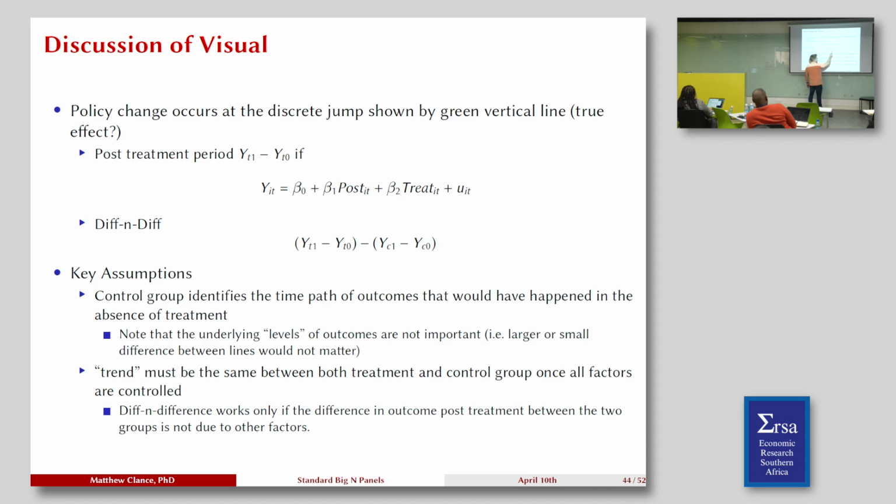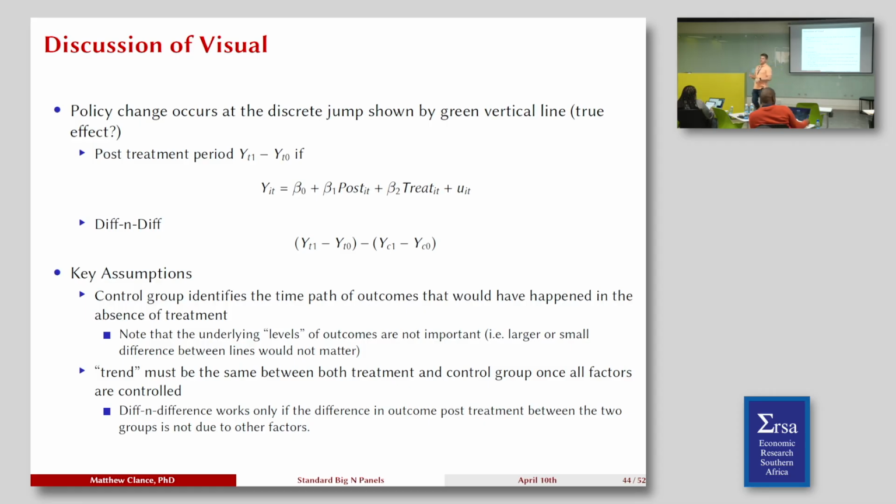Then this one is the difference between the treatment and the control group. Okay? The effect we're looking for is the portion in the middle that we can't observe. And just keep in mind that basically the control group identifies the time path of outcomes that would have happened in the absence of treatment.